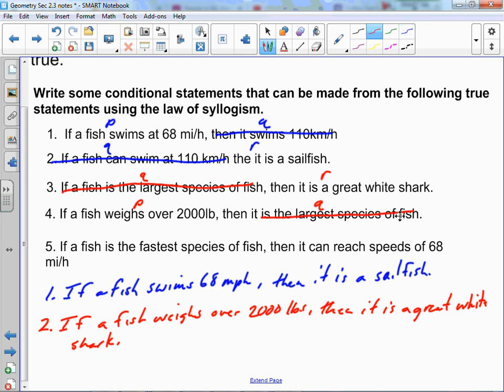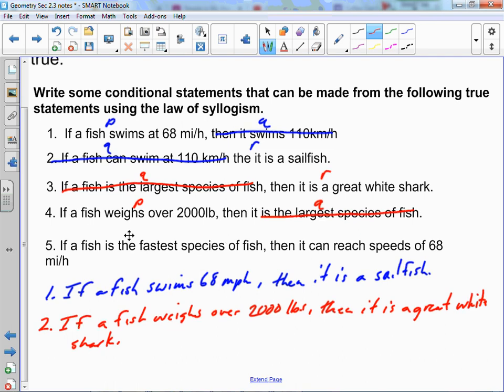And I'm not sure about the validity of this statement. If it's over 2,000 pounds, it has to be a great white shark. I'm not sure if great white shark is truly the largest species of fish. Don't get caught up on that. We're just trying to put these two statements together, cutting out what's the same, and putting the other two parts together.